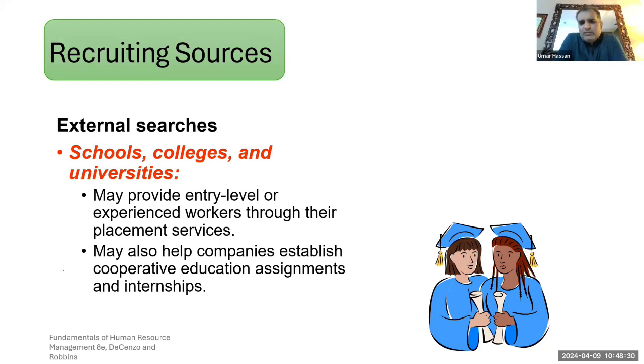Obviously, they will be able to find entry-level employees from there, but it is always good to have an association or relationship with the leading universities and colleges, because this is where the main chunk of applicants is coming from. So good organizations try to establish a relationship and find the right people from these institutes.